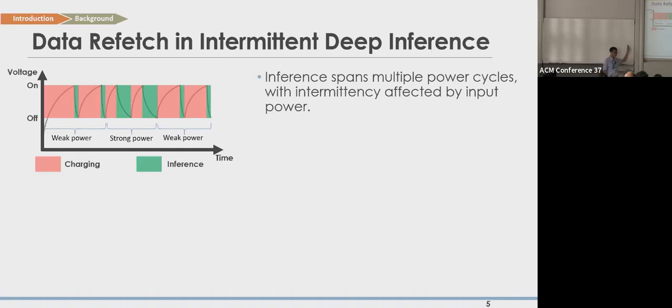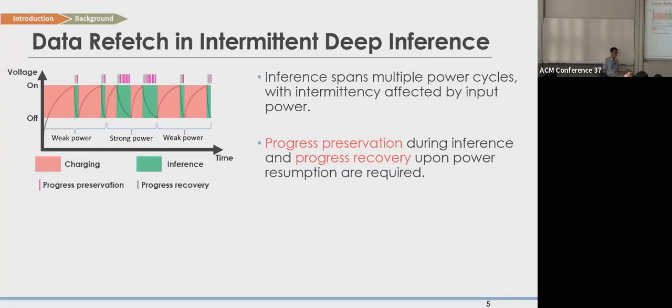So on such a system, because the power cycle is very short, for a complicated application like intermittent inference, we will need multiple power cycles to complete. And as I have said, intermittent inference will need progress preservation to preserve the progress onto NVM during the inference, and then do some progress recovery to resume the inference execution after the power is resumed.